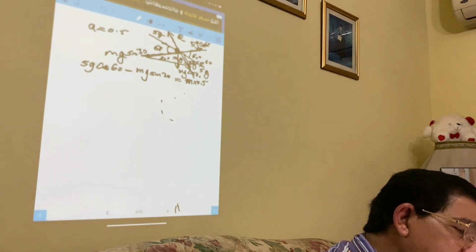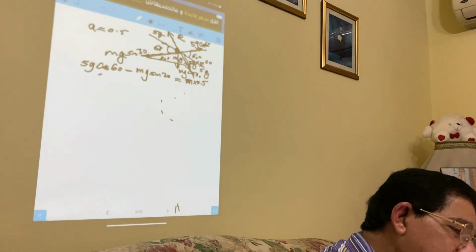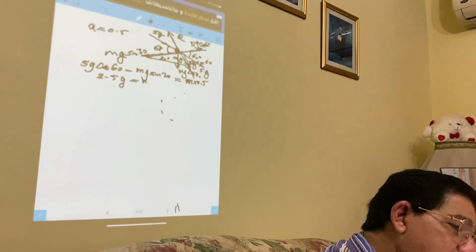From this equation, we get 2.5g equals m open bracket 0.5 plus g sine 30.